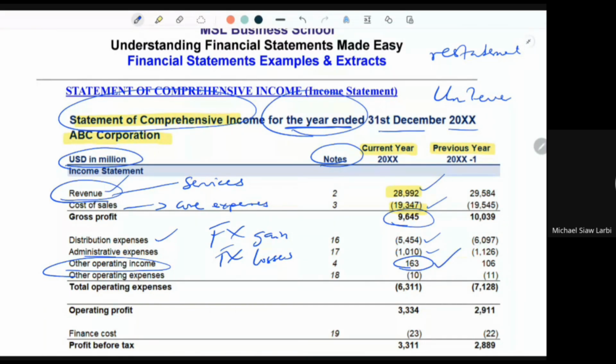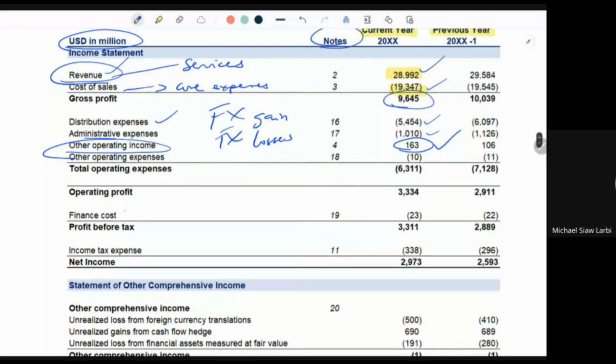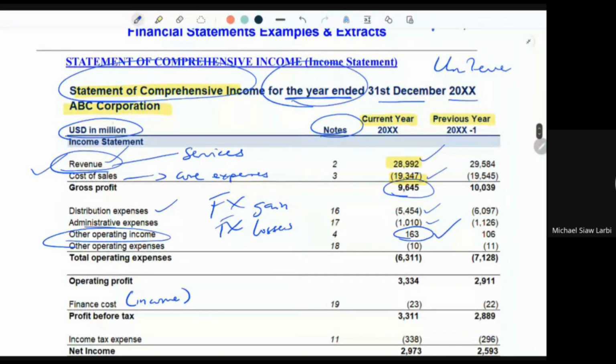For some people, we put it under finance income. You can do finance cost or income. It depends. You are at liberty to present. But my point is that you making money because the currency appreciated doesn't enter your revenue. You are not in the business of dealing in foreign exchange. So that is like an other side income you got, right? So once you add your other income and other operating expenses, you get your total operating expenses.